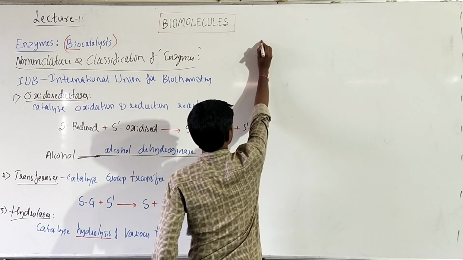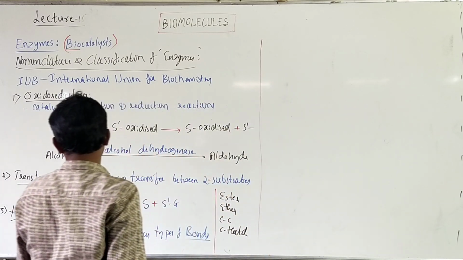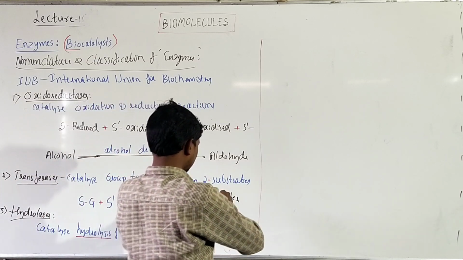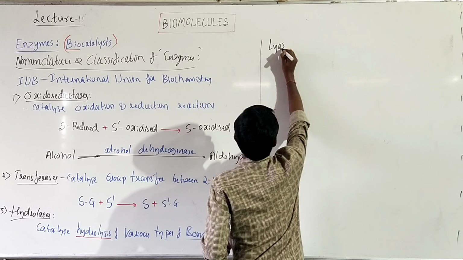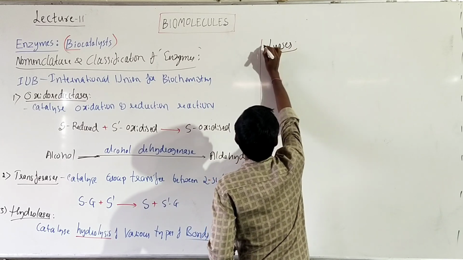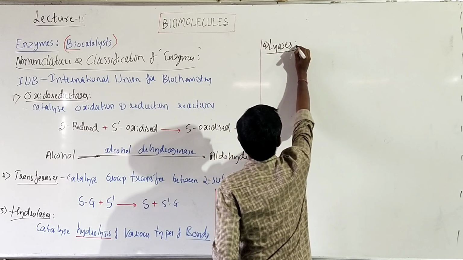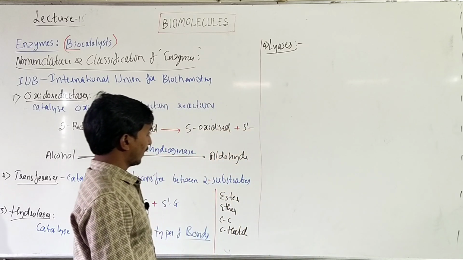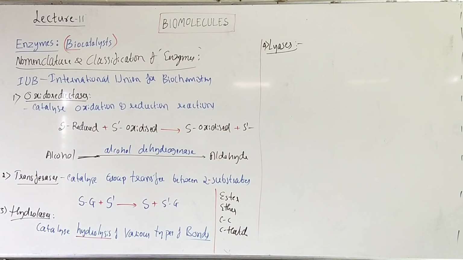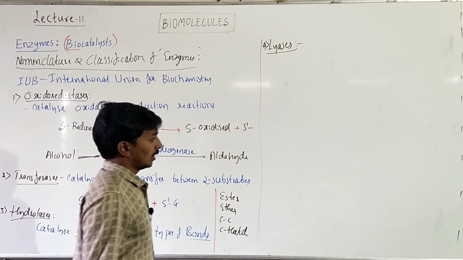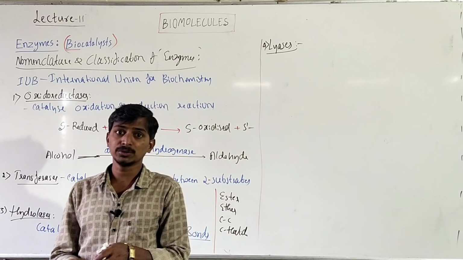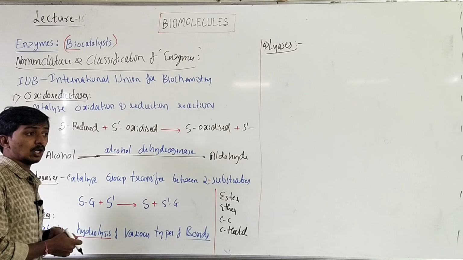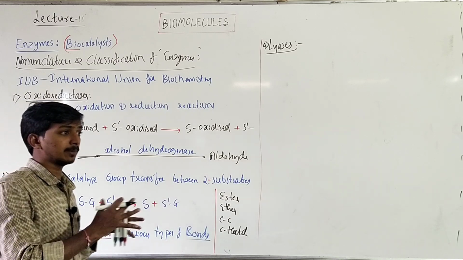So the fourth category of the enzyme, after hydrolysis, is lyases. Here lyase means breakdown. They will just perform the breaking or transfer of the group, but they will not completely disturb the bond.